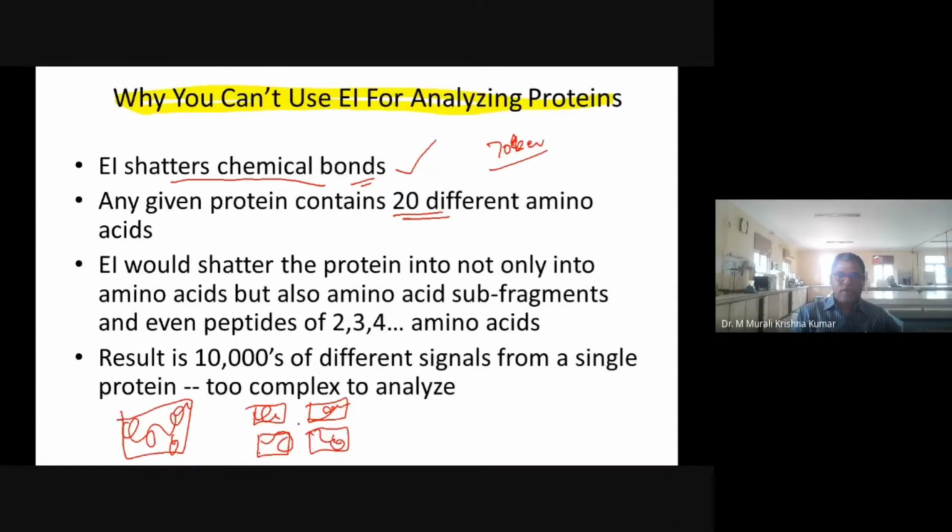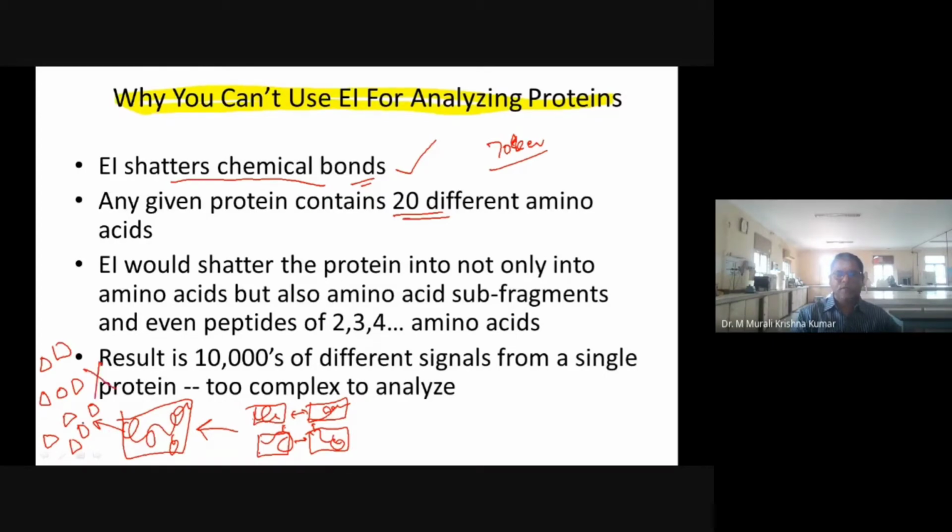Then it is easy to assemble all these to get a meaningful structure. But if you break this one into smaller pieces, then it will not be easy for us to assemble them together to get a meaningful structure.